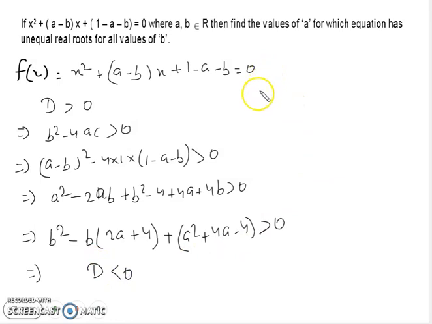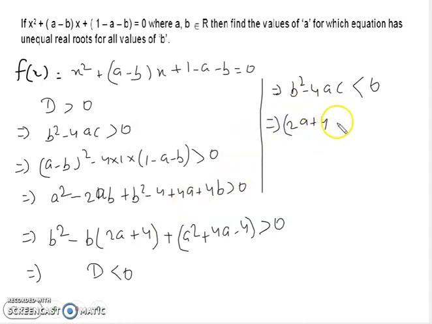For this condition, D is less than 0, so b square minus 4ac is less than 0. What is the value of b here? It is (2a plus 4) whole square, and the sign will be minus, so (2a minus 4) whole square minus 4ac.